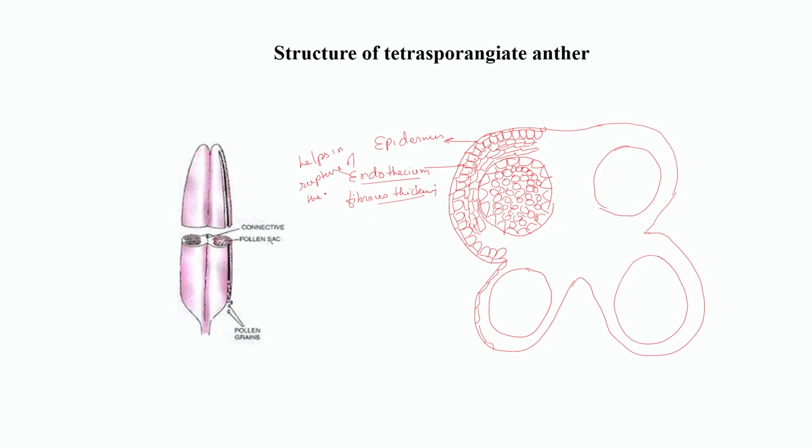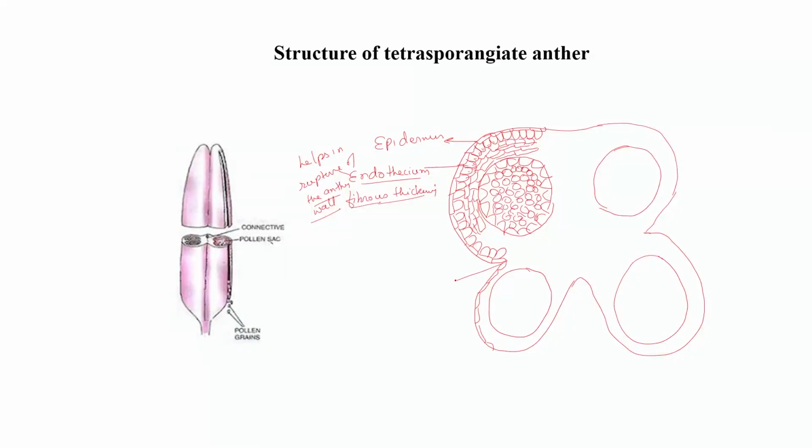Because this fibrous layer is hygroscopic in nature, it will absorb moisture and swell, and at these points, which are known as stomium, the fibrous thickening is very little. They are the delicate areas, so while all the other cells swell, these delicate areas will open. So this is the stomium through which the anther wall gets ruptured.